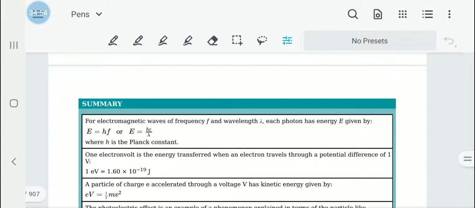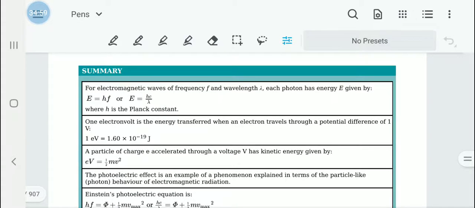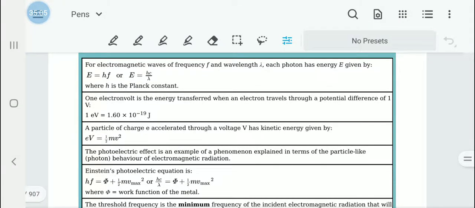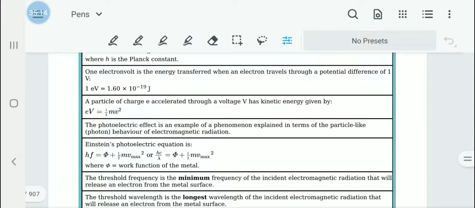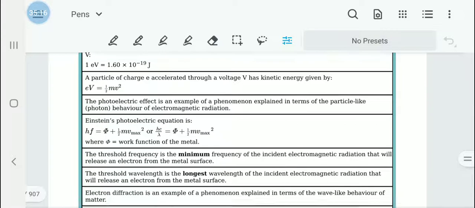Then 1 electron volt is the energy transferred when an electron travels through a potential difference of 1 volt, and it has a value of 1.6 × 10⁻⁹ joules. Then a particle of charge e accelerated through a voltage V would have a kinetic energy eV equals half mv squared.